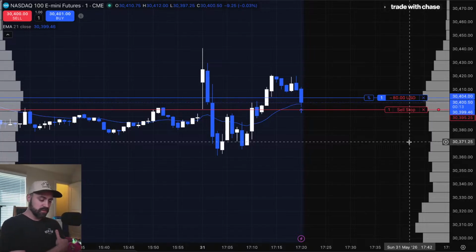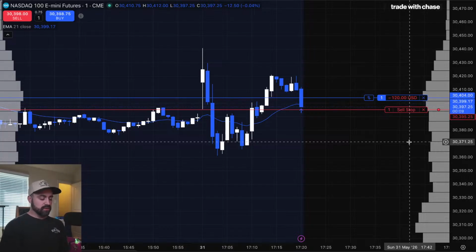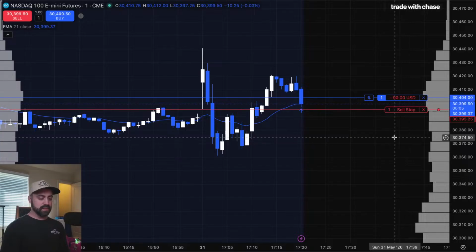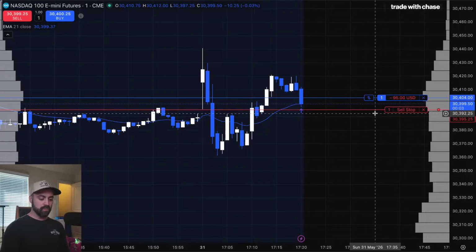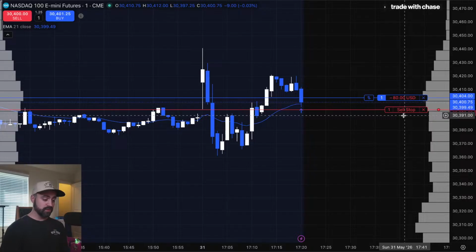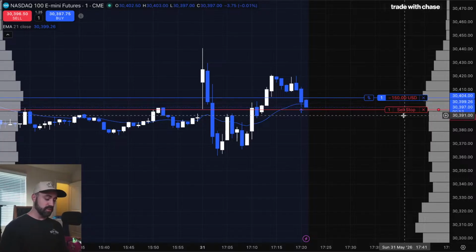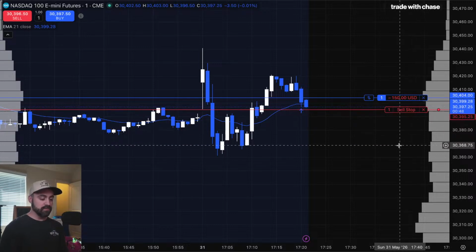I'm doing a slightly riskier trade in the sense that I look for somewhat of a rejection off of the line. If it does it, I will put my stop just below the lowest that we went, on the assumption that that was the low. So if we come down and plow through this, which looks like we will, then I'll go to a higher time frame and try again.